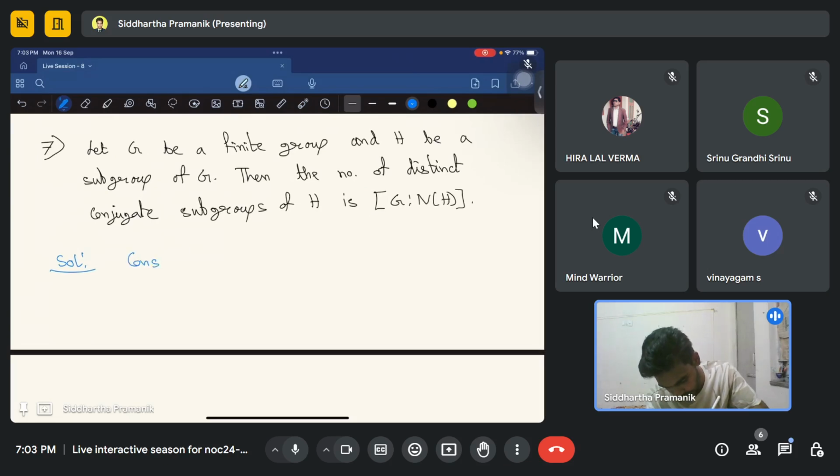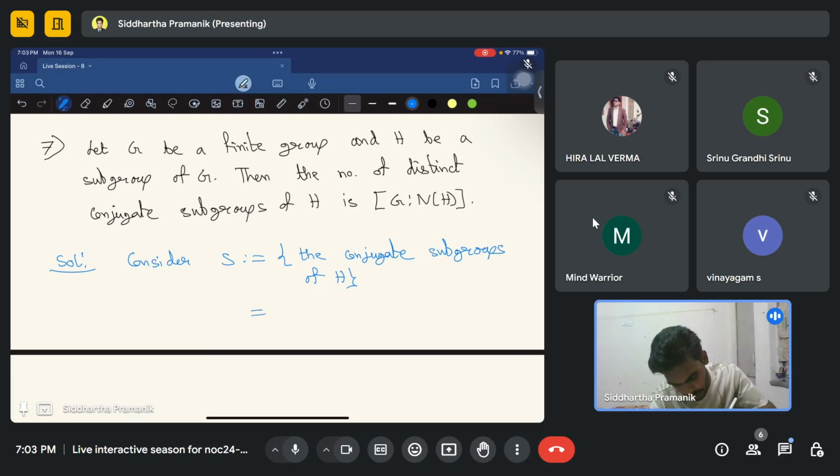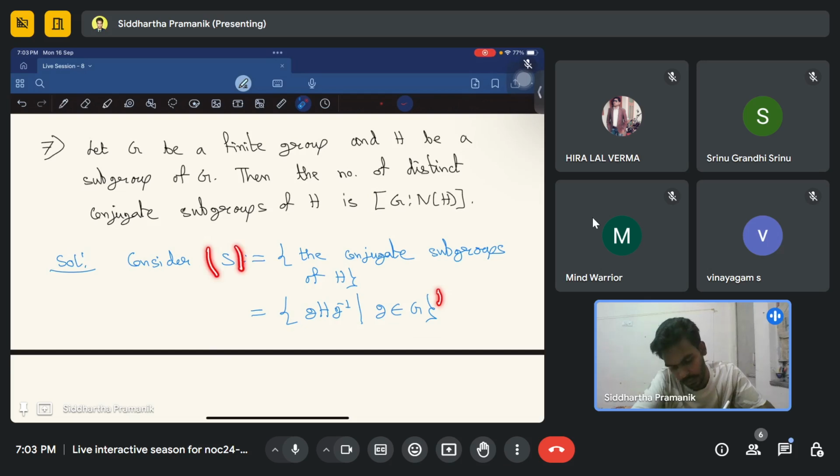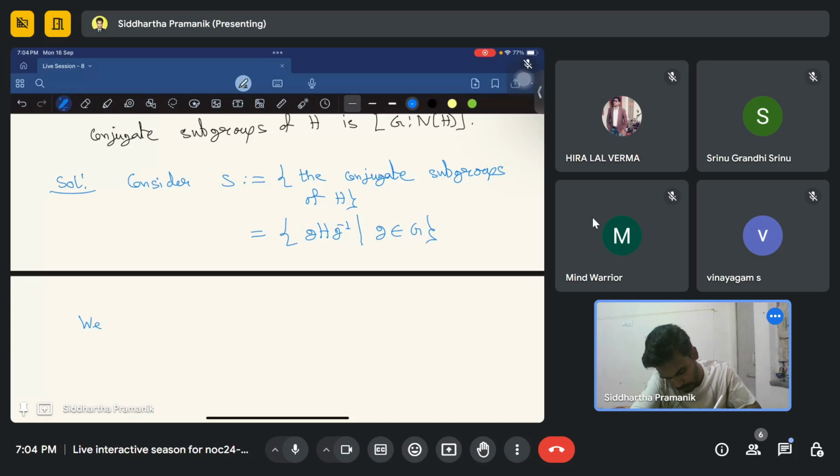So consider this set S, which is the set of all conjugate subgroups of H. It looks like gHg inverse, where g varies over all of G. So it is the collection of all conjugate subgroups of H, and the cardinality of S is the number of conjugate subgroups of H. So we need to prove the cardinality of S is the same as this index, right?